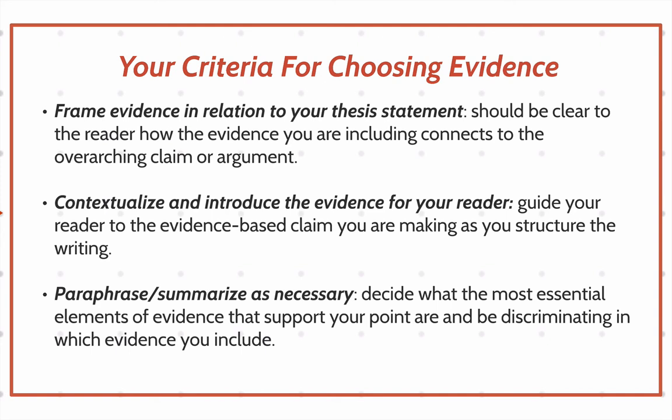If you're writing in your own narrative voice and then all of a sudden you're integrating a direct quote from a newspaper article or a journal article, that can be a jarring transition. So you want to use transitional language, and you want to set up a paragraph in which you're going to include evidence in such a way that you take your reader through the steps to get to that claim. Lead them up to that claim, and then after you've introduced it, provide some contextualization of your own to help them understand it. It's also important to realize that you can paraphrase or summarize as necessary.